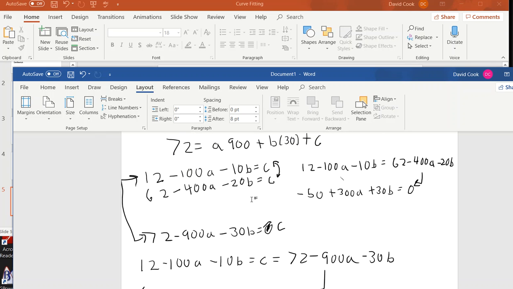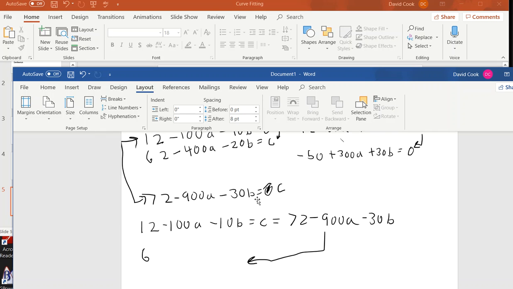Did I make a mistake up here? No, I didn't. Okay. Negative 60. And then if I bring 900 over here, that's going to be 800A. And if I bring the 30 over here, that's going to be 20B. Okay? So now I have 2 equations that are just A and B. You see that? This one and this one.